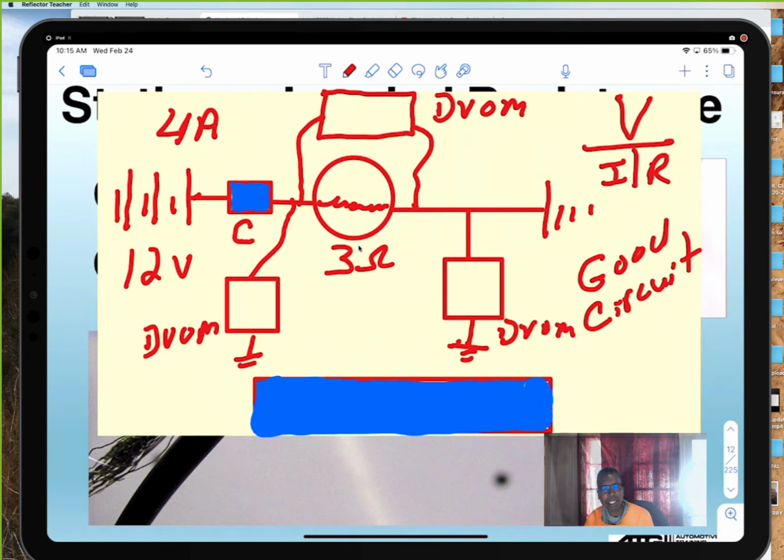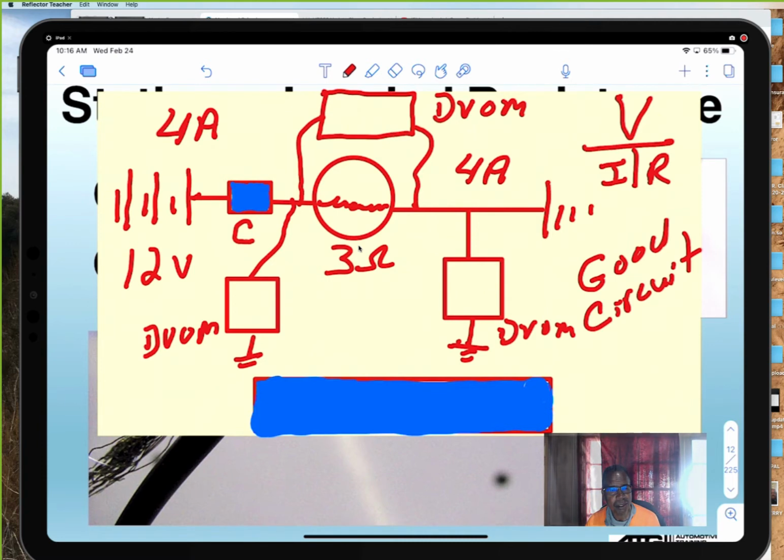Now, what's the rule of amperage in a series circuit? It stays the same. Remember, amperage leaves the battery to do a job. It's going to go through that bulb, heat up the filament, the light's going to come on, and return back to the battery. And what's the purpose of the voltage?